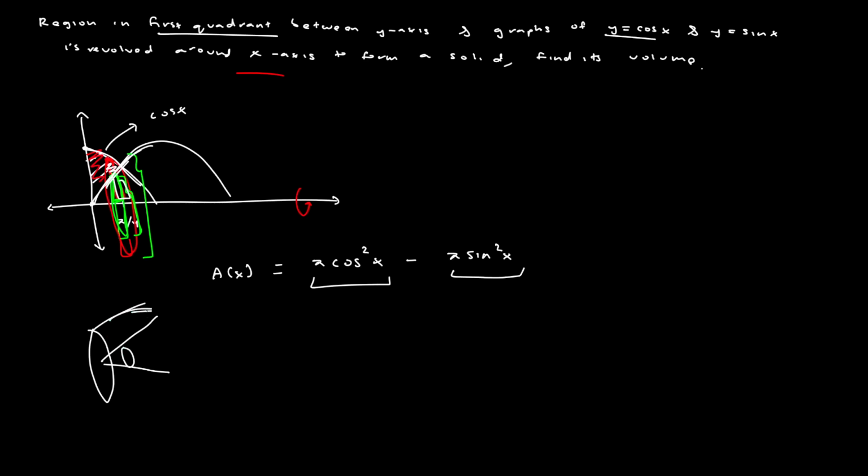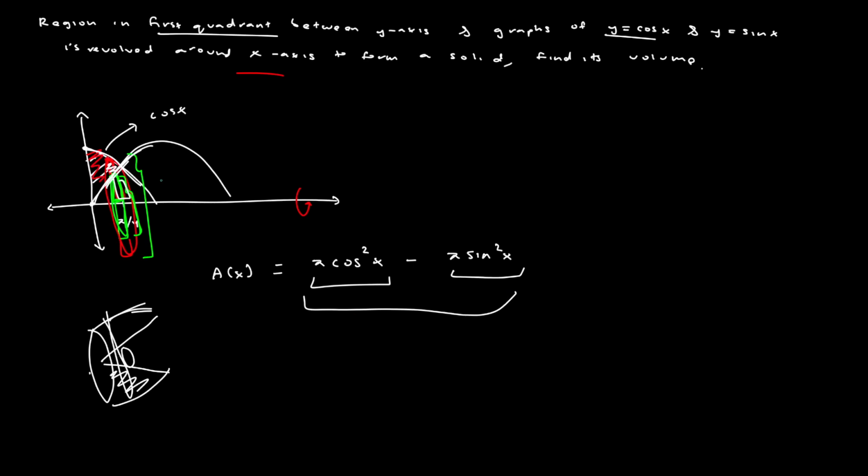Only these parts we want in the volume, and we want to skip out all of these parts in the volume. But because of the way we've defined our cross sections, we'll need to do some subtraction. This is the cross-sectional area that this problem is determined by.